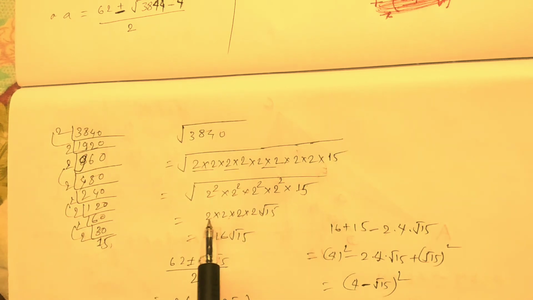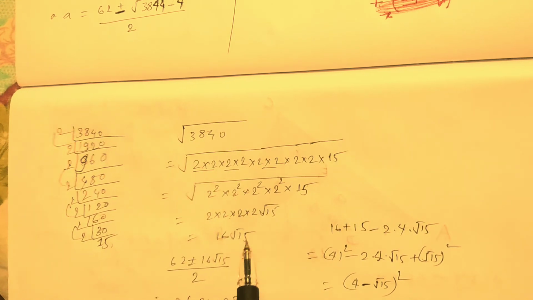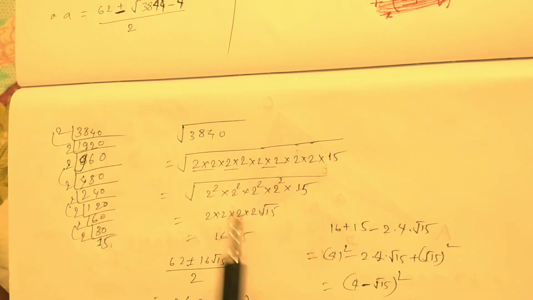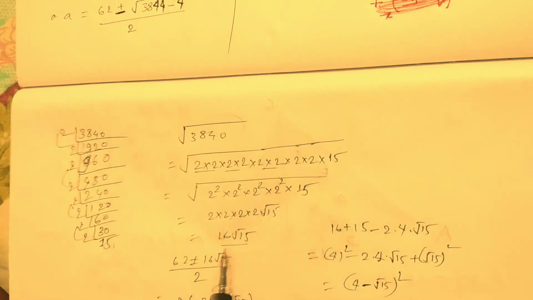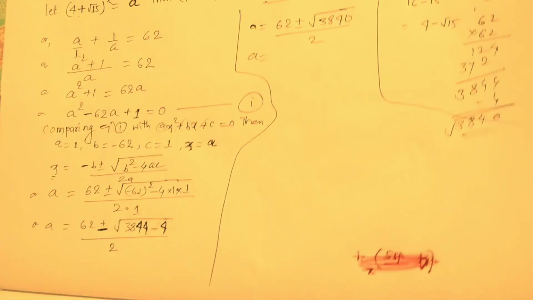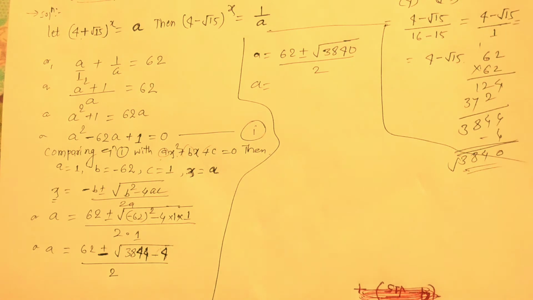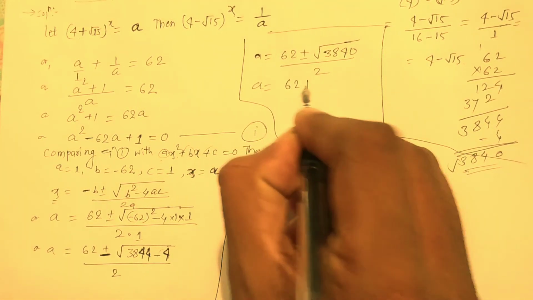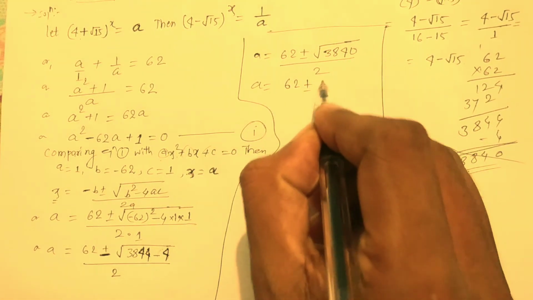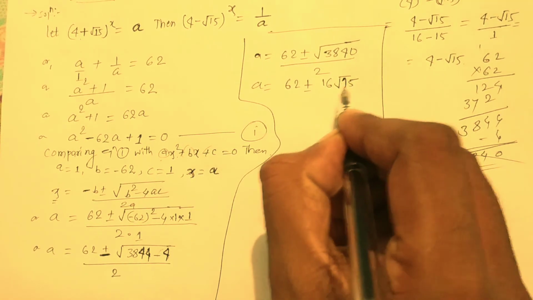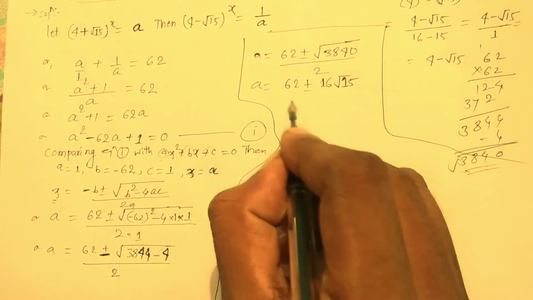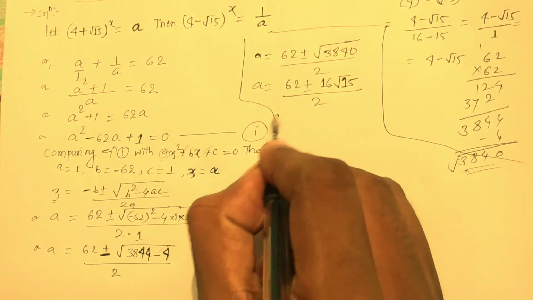If we multiply all of this, we get 16 root 15. So the square root of this is 16√15, and I write its value as 16√15. So a = (62 ± 16√15) / 2.